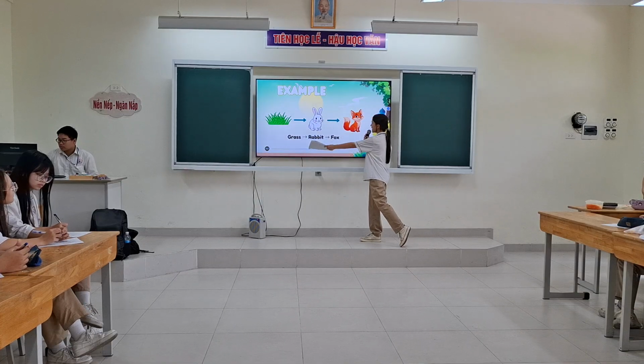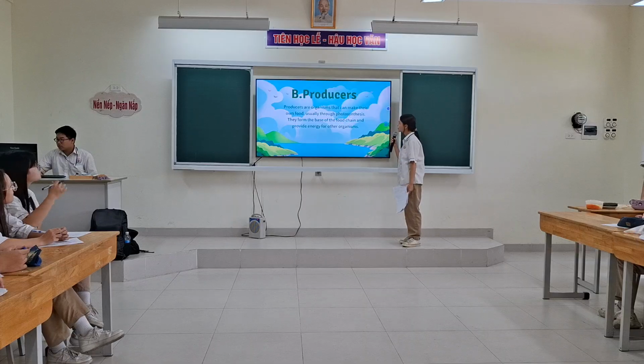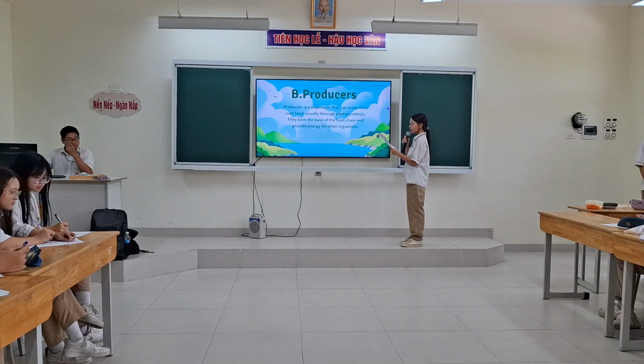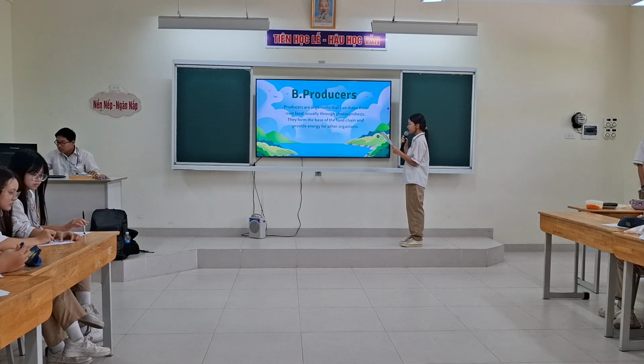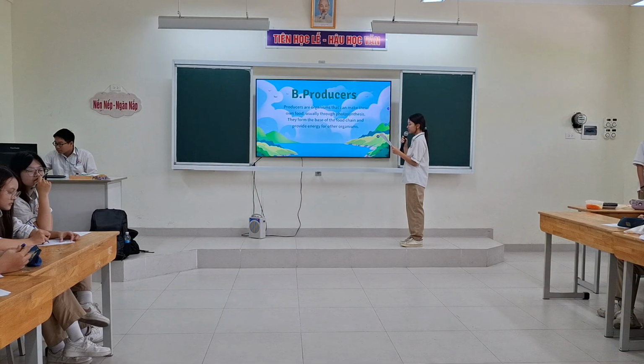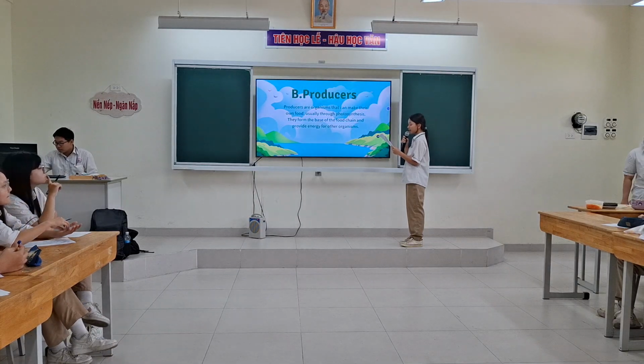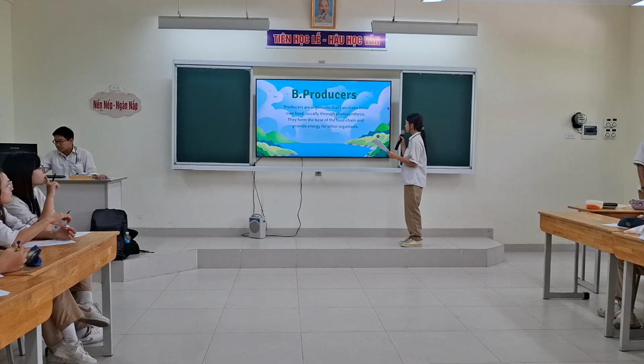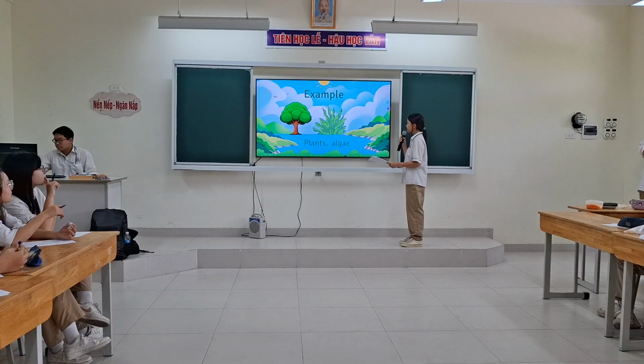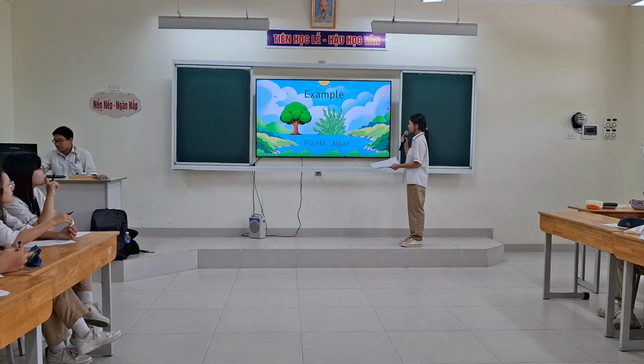Example: grass, rabbit, fox. Producers are organisms that can make their own food, usually through photosynthesis. They form the base of the food chain and provide energy for other organisms. Example: plants and algae.